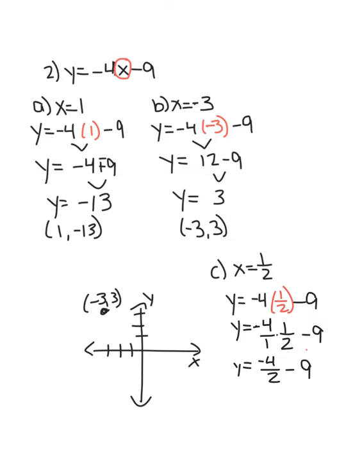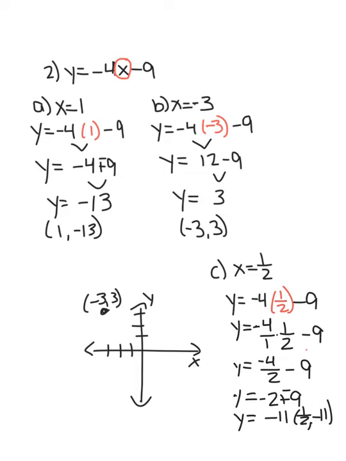We do dividing before we subtract. So y equals -2 minus 9. And then we do this, -2 plus -9 is -11. So we have y equals -11. So when x is 1/2, y is -11. So that's the point, 1/2, comma, -11 in parentheses.